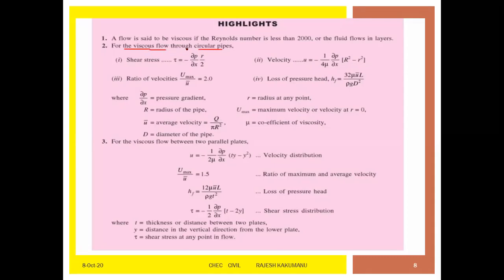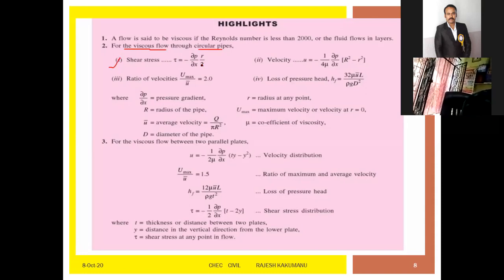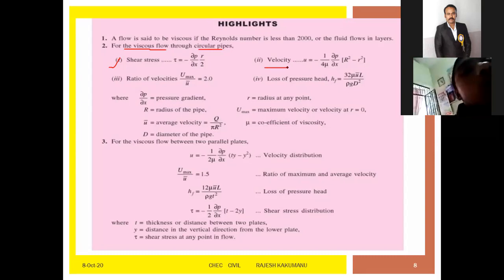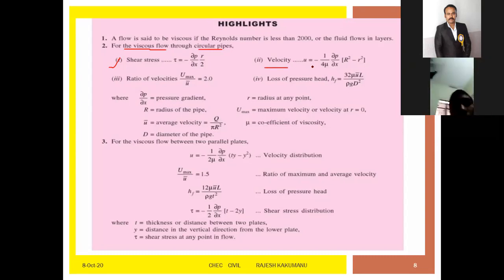For a viscous flow through circular pipes, the shear stress is tau equals minus dou p by dou x into r by 2. That is the shear stress for circular pipes. Then the velocity in circular pipes, u equals minus 1 by 4 mu dou p by dou x into (R square minus small r square), right?